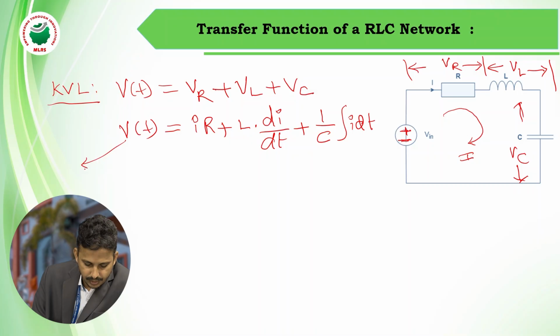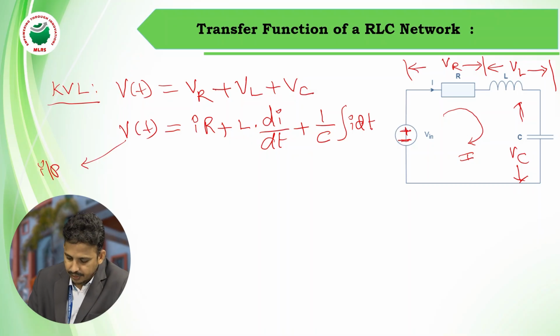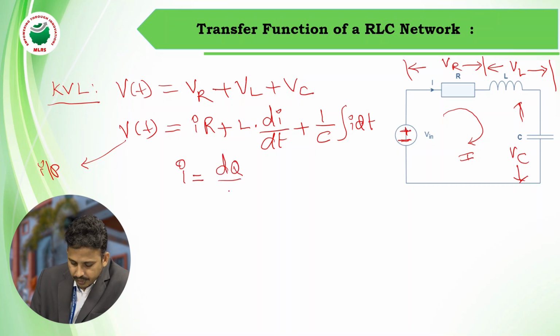So this is my input, and I am considering current as the output in this circuit. So current I is equal to the rate of change of charge, dq by dt.